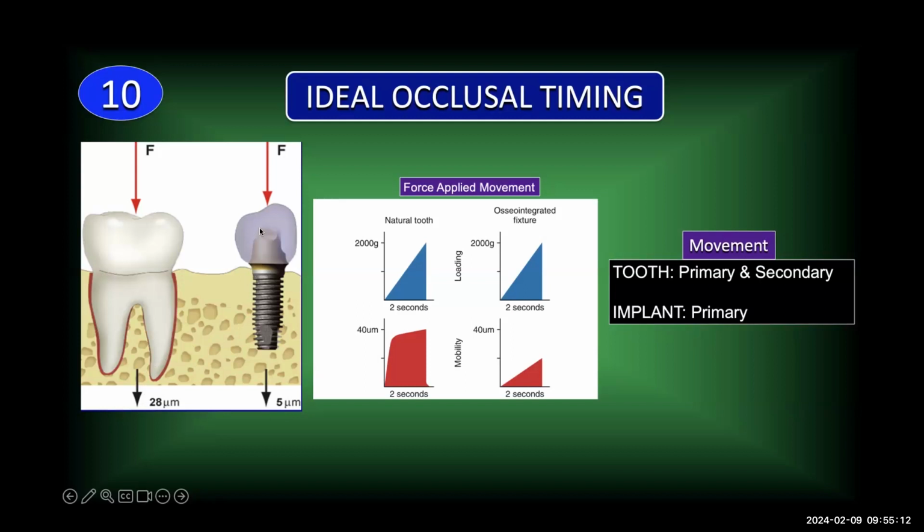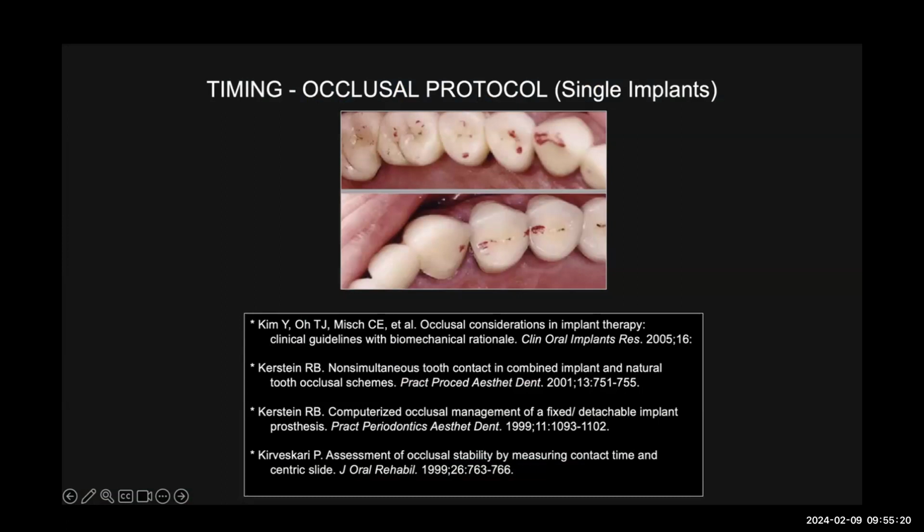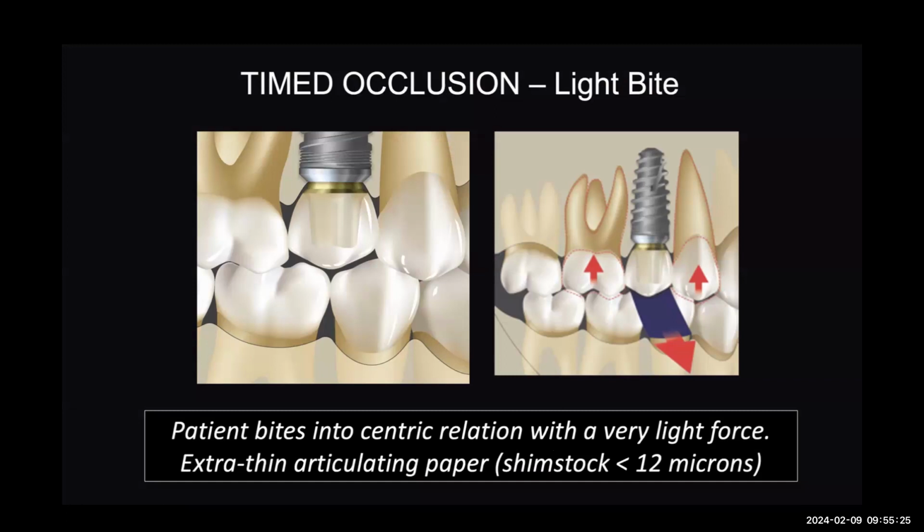It's only one force, and that is directly proportional to the elasticity of the actual bone. So we're going to go through an occlusal protocol called timing, where we'll show you how, if you have a single implant or multiple implants, in a very light bite, there shouldn't be any movement or any force on that implant.